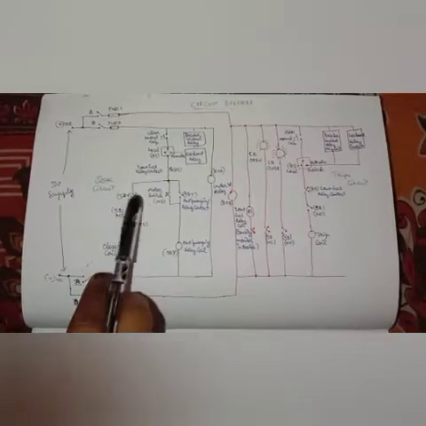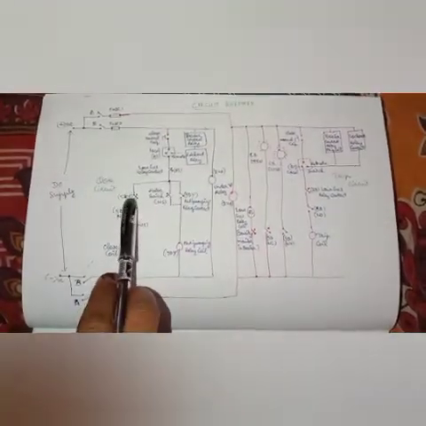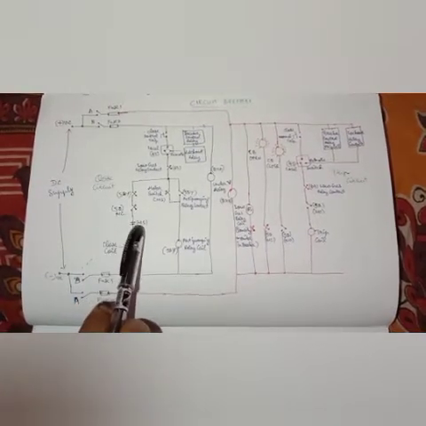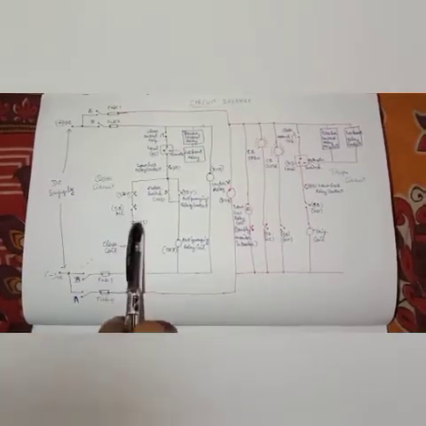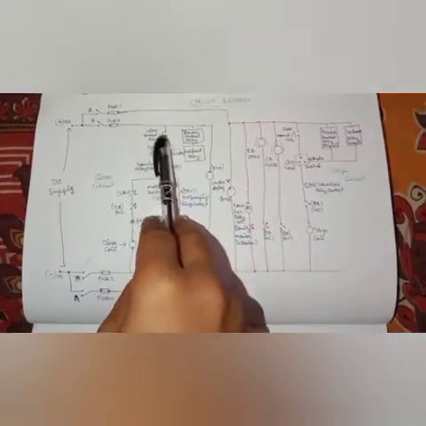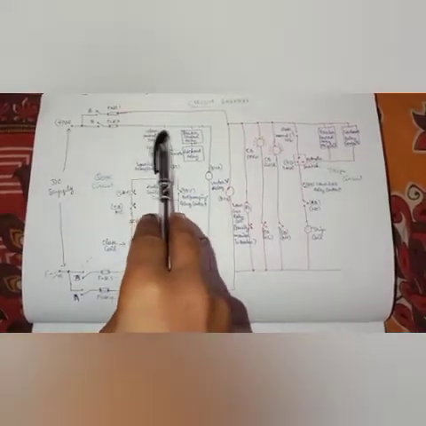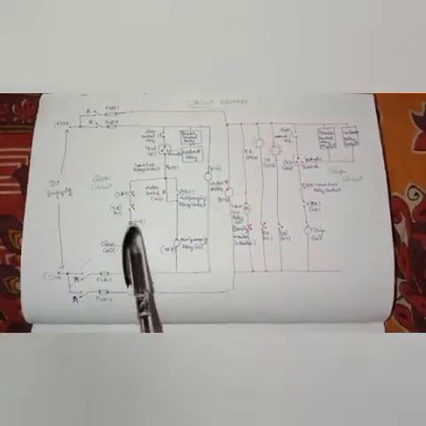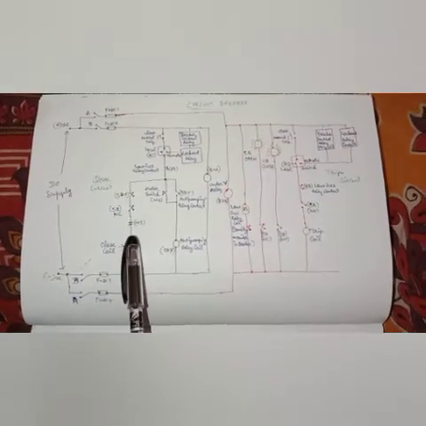So here the low gas relay, then anti-pumping relay contacts, then breaker NC contacts, then motor switch contacts, all these should be fulfilled, and only then the positive which we are giving at the close trip coil, which means the closing circuit, reaches the close coil, and then the closing of the breaker takes place.